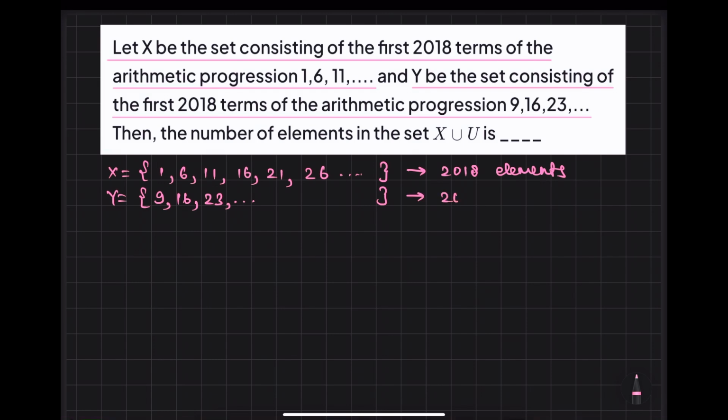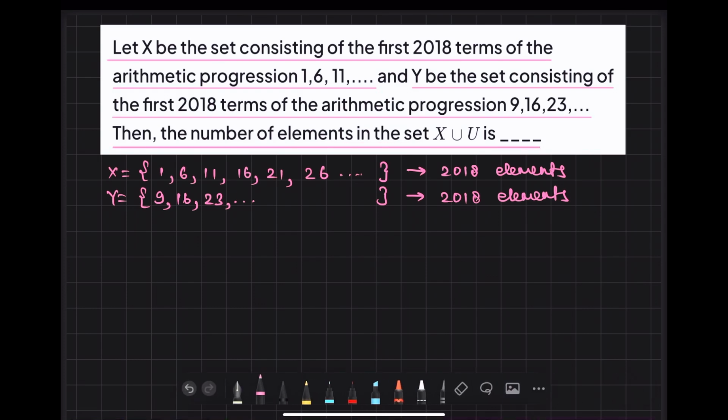It also carries 2018 elements. Now find the number of elements in the set X union Y.